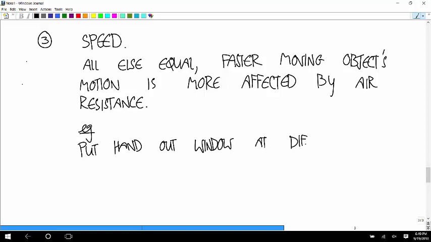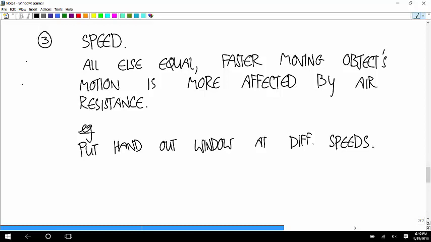And I said that speed is the one that has the biggest effect. That's because in the equation that factors all this stuff in, everything is just multiplied.